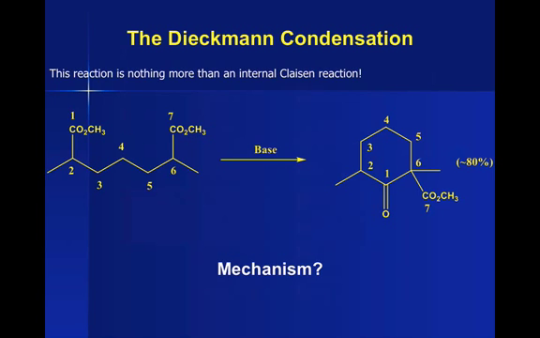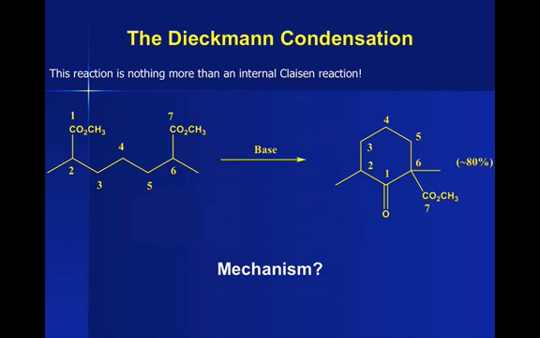You could. That'd be overkill. Pyridine's not strong enough. What's the alcohol of the ester here? NaOCH3, sodium methoxide. That's right. We've got the methyl esters. So you would just use sodium methoxide in methanol as the solvent, and you would get this product.